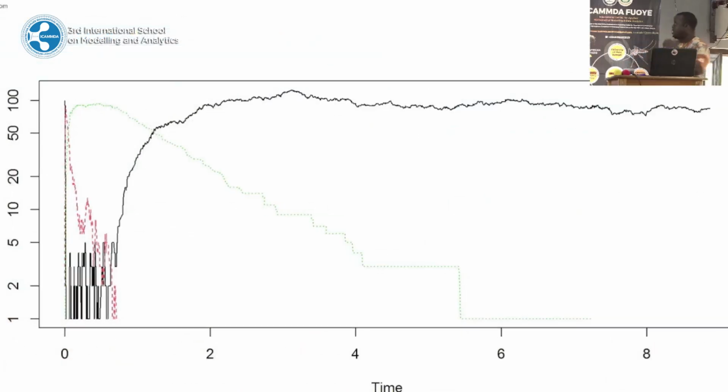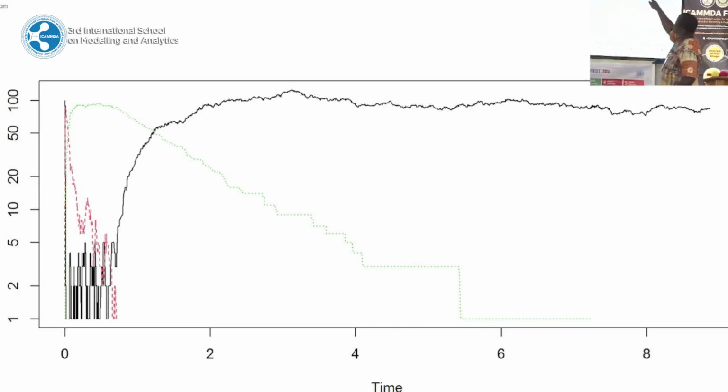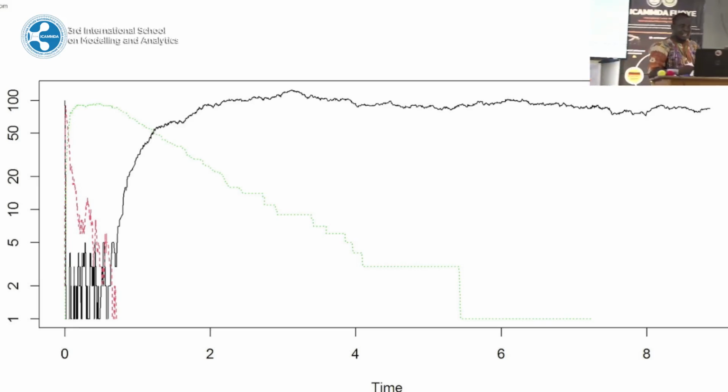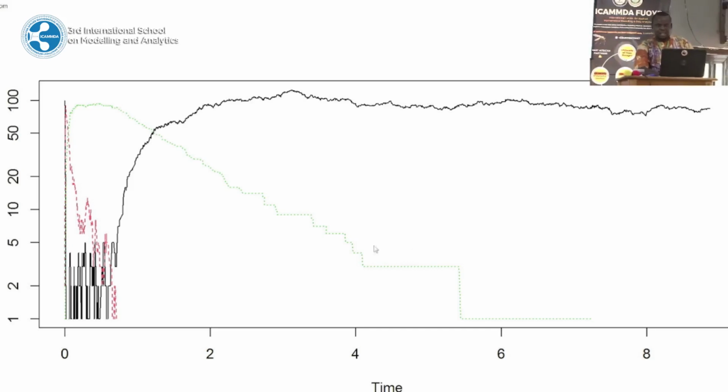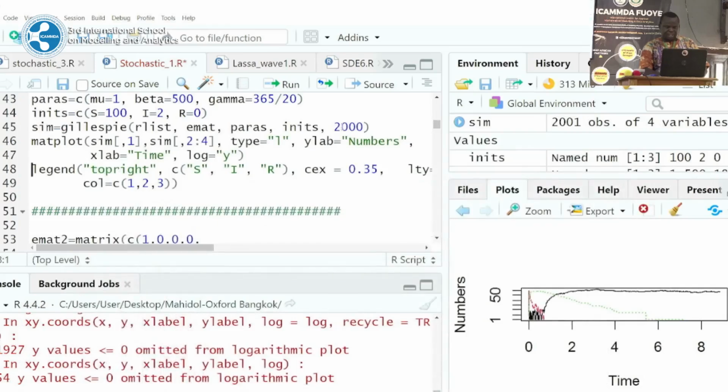See, it's changing. So you see the noise. These are stochastic noise. At very short intervals, if you look at this place, you see what is going on there. Now it's not deterministic. Now let's also increase it to maybe 3,000 and see.